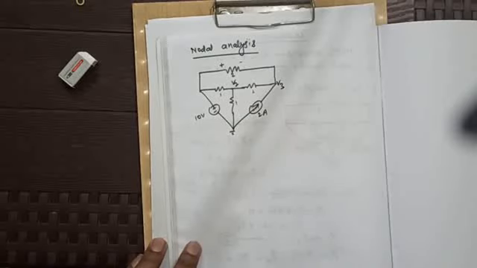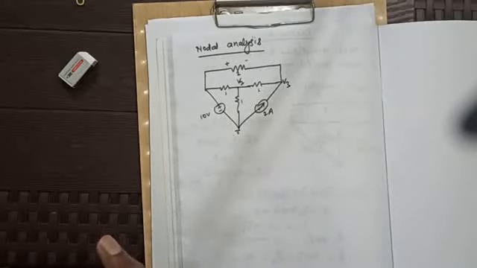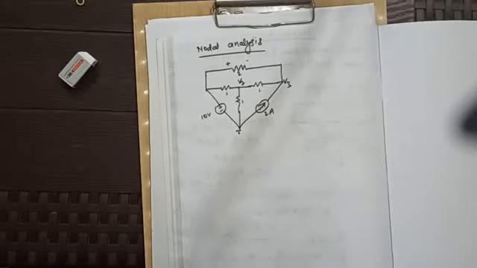right? Okay. Now in this method we basically write KCL at the node. When writing KCL at the node, we assume that current is leaving that node. All currents are leaving. This is conventional.